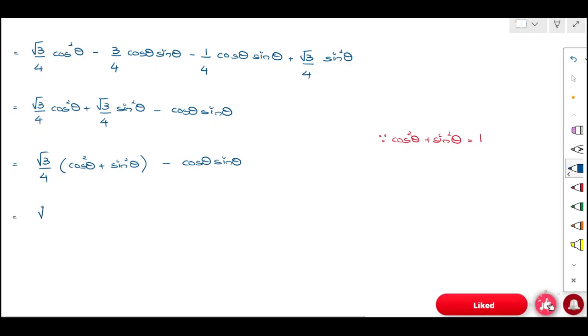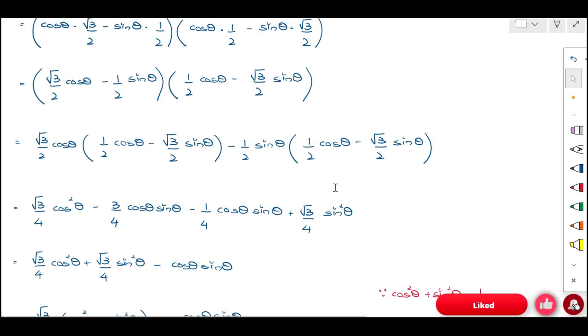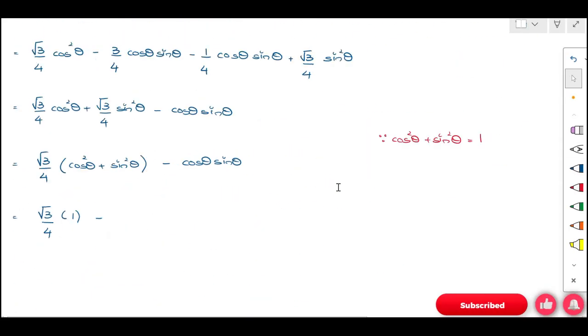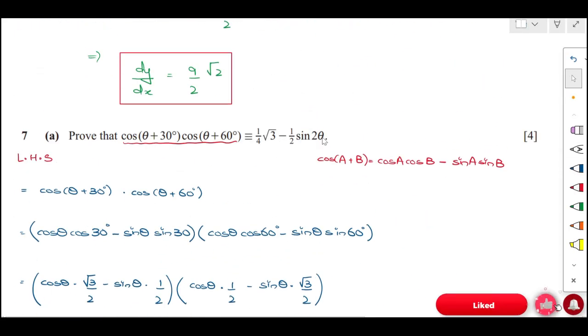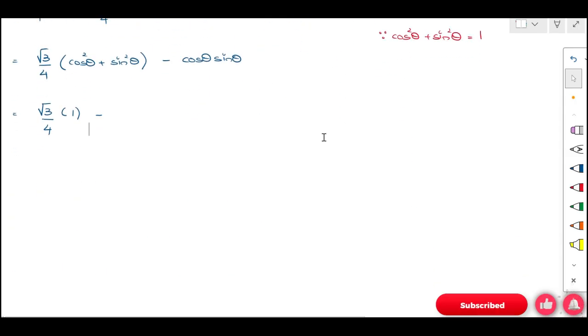So here we have root 3 divided by 4. This thing is 1 minus. Okay, now we have to make this sine 2 theta. Okay, multiplying and dividing by 2. Multiply by 2, divide by 2, sine theta and cos theta. Here we use the sine double angle formula.